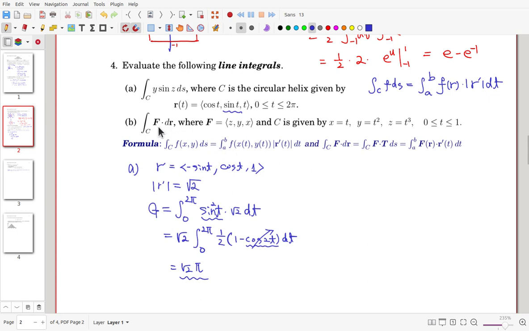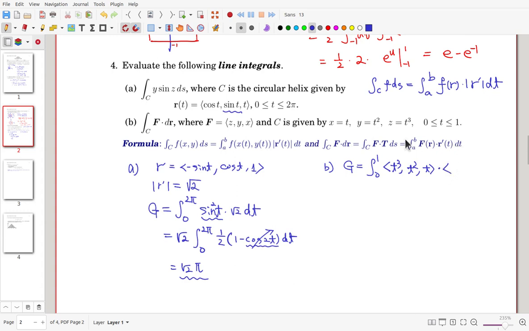And here, f is given by z, y, x, and c is given in this way, and t is moving from 0 to 1. So again, by using this formula, the given integral for part B is the same as the integral from 0 to 1 of f of r, that is, z, which is t cubed, y, which is t squared, and x, which is t.